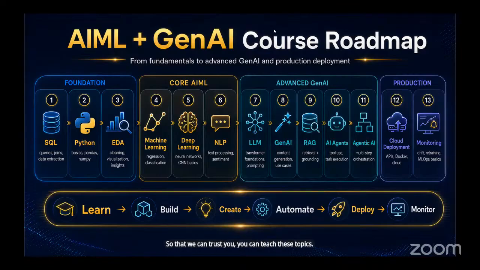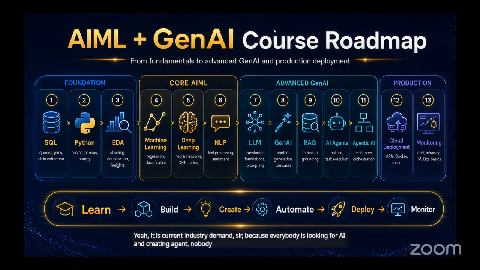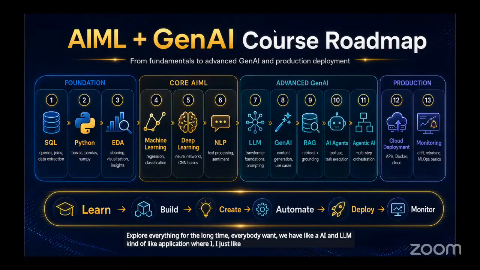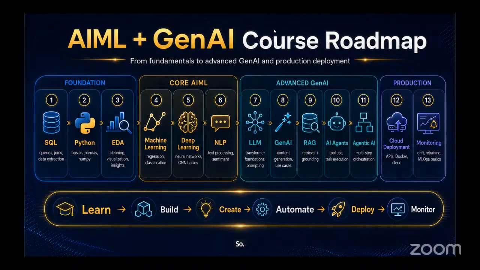Yes, it is the current industry demand, because everybody is looking for AI and creating agents. Nobody wants to search deeply and explore everything for a long time. Everybody wants an AI and LLM application where I just write a prompt and get the answer.